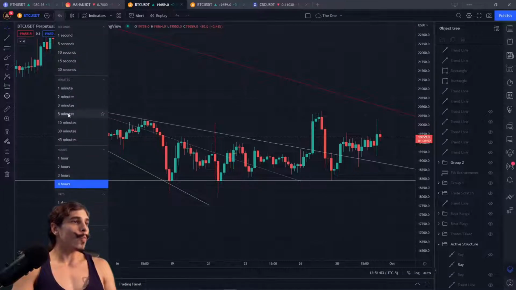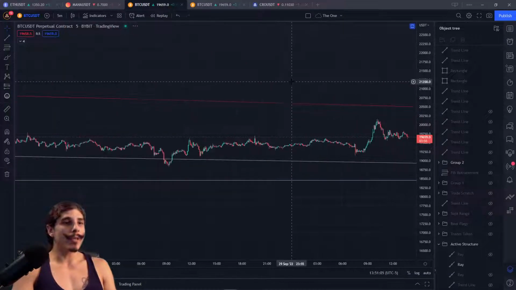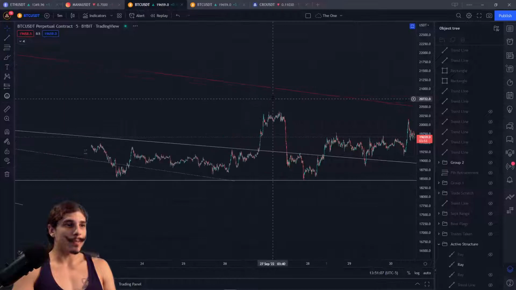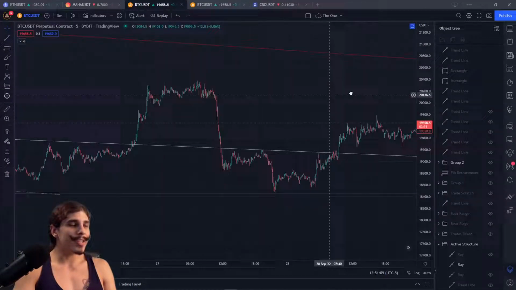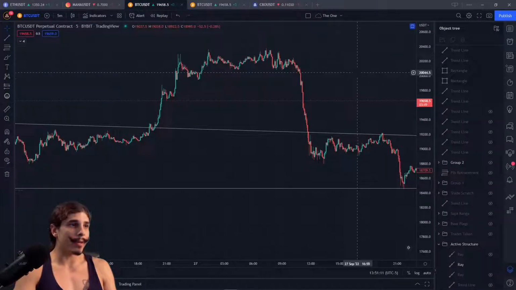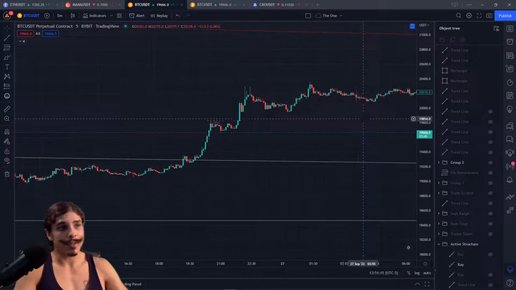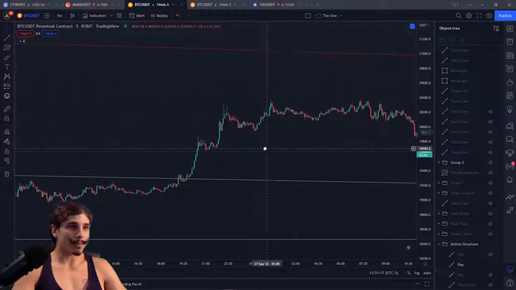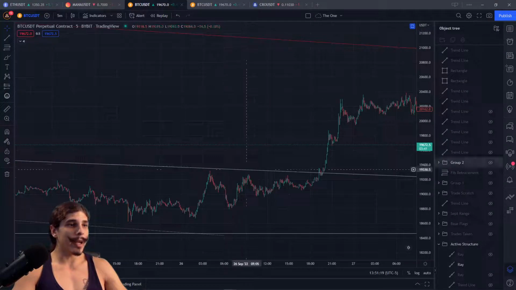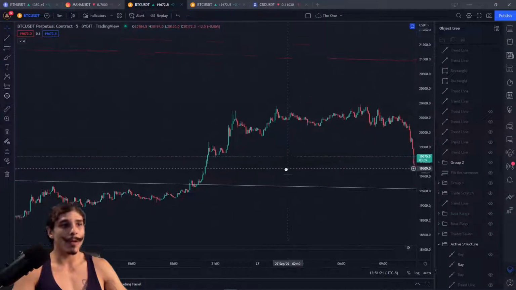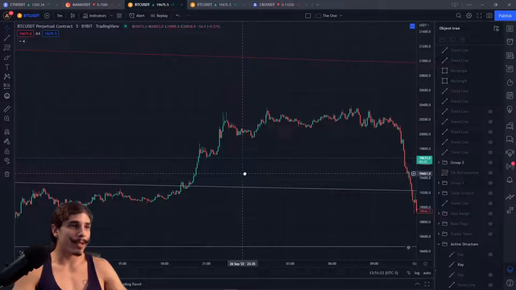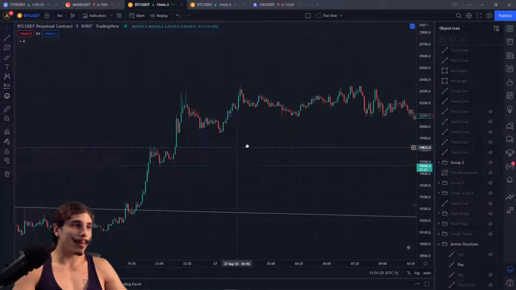So the best way to make sure that you don't get caught in a fake out whenever that occurs is to go into a smaller time frame and find where your market structure is trending. So if we see here, okay, it's broken out above that line. This was the line where the breakout was, and this was that big old 4H candle. So we can see here a little bit of different market structure.